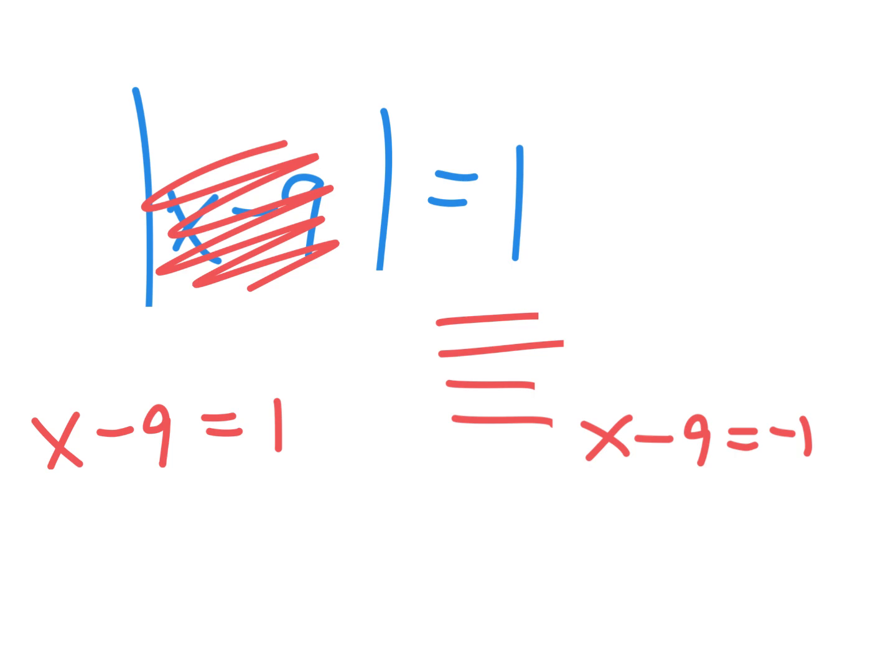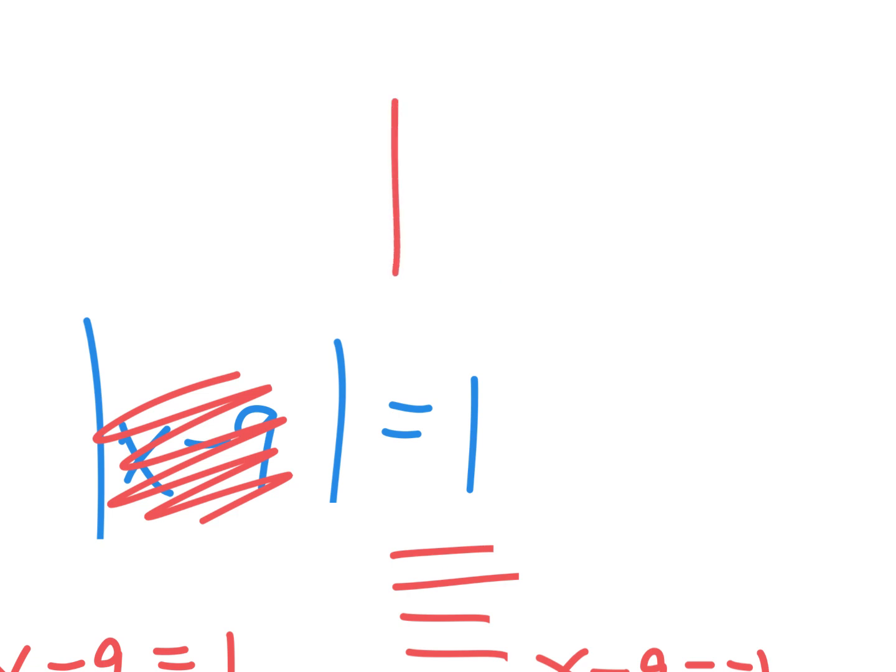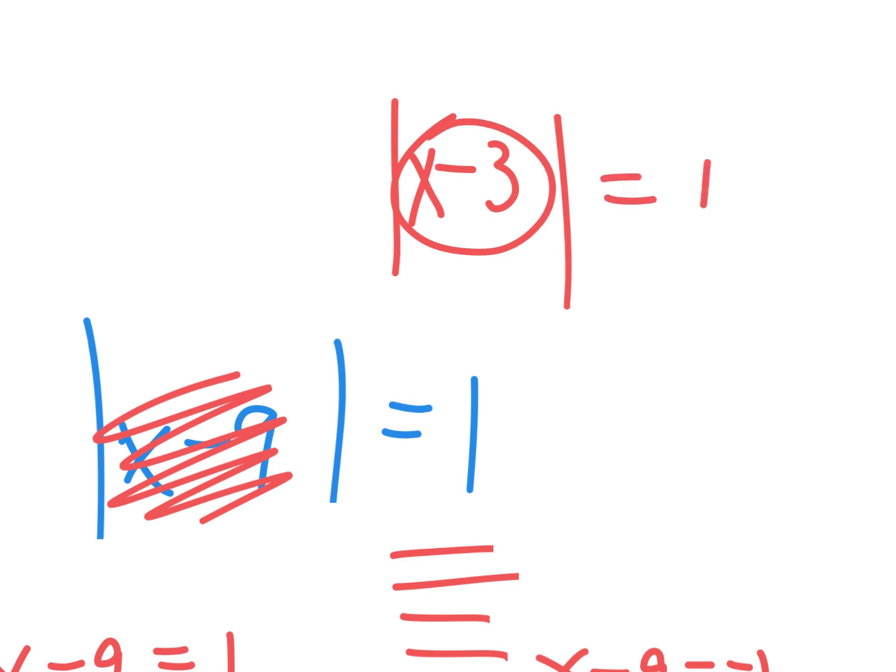So the thing you were thinking of is if you just do bars around a number, you're right, it makes that number positive. But when you put a variable in there, it's more complicated. When you put a variable in there, what you're saying is what's in here, let's say it had to equal 10. It could either equal -10 and it would work, or that thing in there could equal +10 and it'll work.